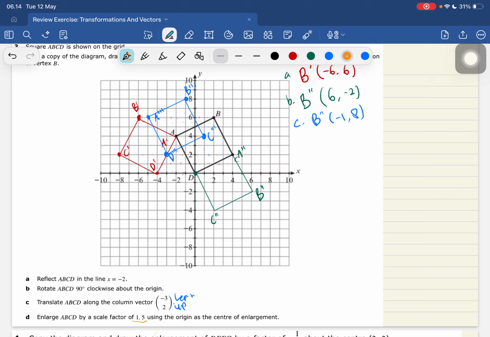Okay, D, we need to enlarge by a scale factor of 1.5 using the origin as the center of enlargement. So here is the origin. D is going to be invariant. So we got 4 squares, multiply by 1.5, it's going to be 6 squares. It's going to be here. B and then A, 6 squares. Okay, we can connect it.